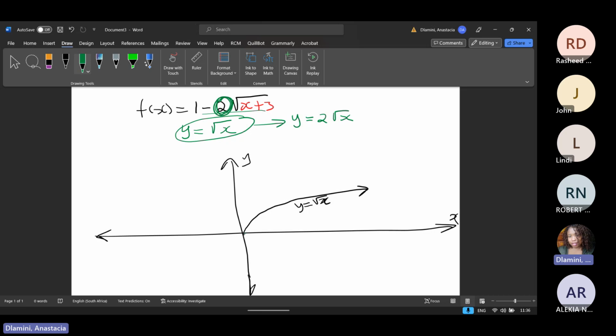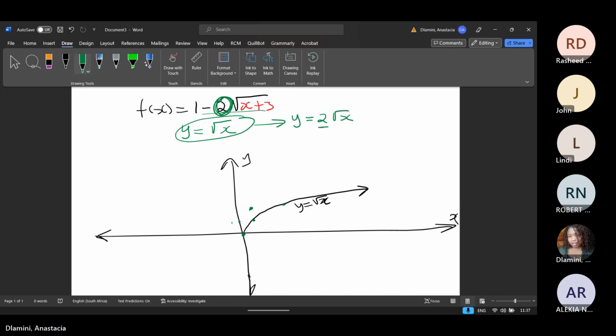For example, this point here, if you multiply by 2, it will remain 0. But this point here, let's say it was 1. If you are stretching it, you'll be multiplying by this 2. Then it will become 1 times 2, which is 2. So it will move from 1 to somewhere here. Let's say this point here was 4.